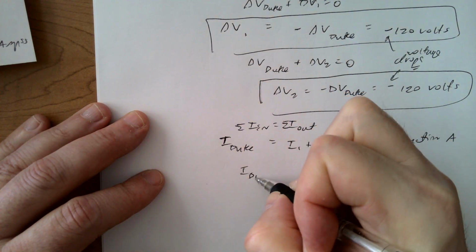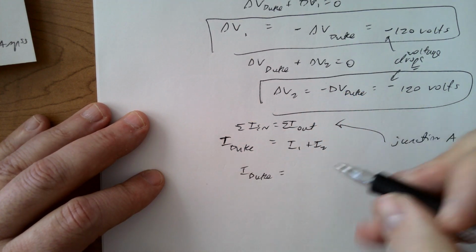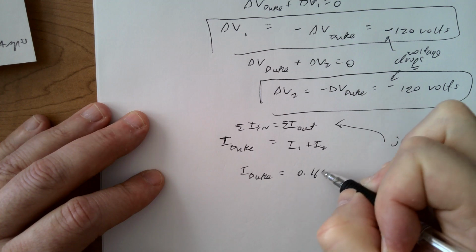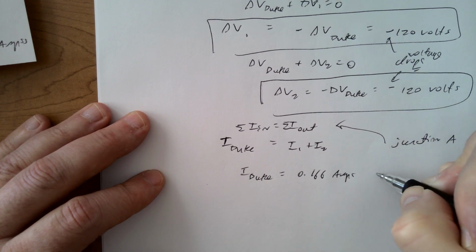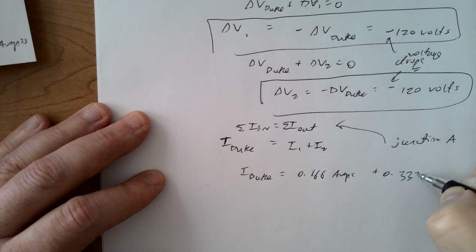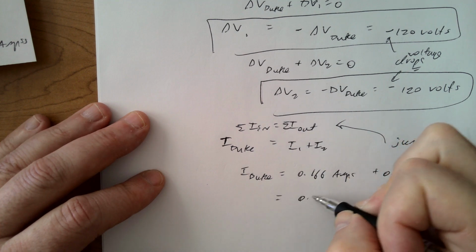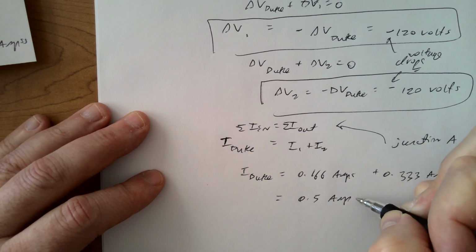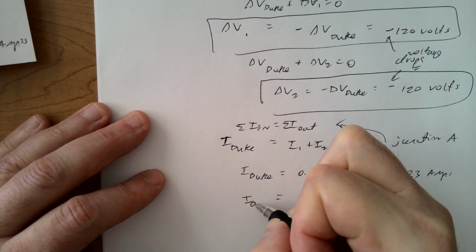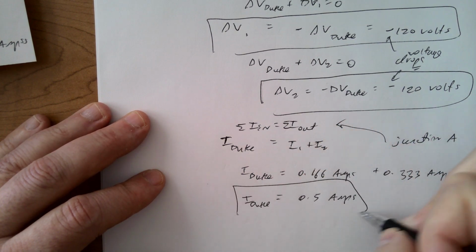Therefore, I Duke must equal 1/6 amp plus 1/3 amp, and that should add to 1/2 of an amp. Alright, so we found I Duke.